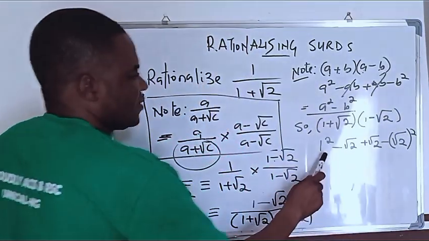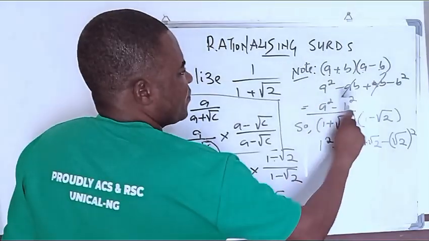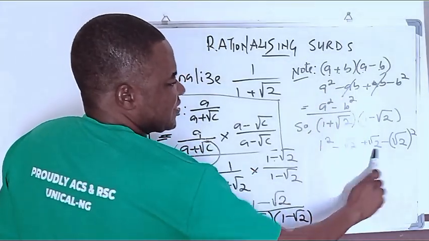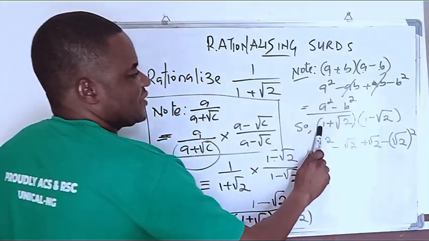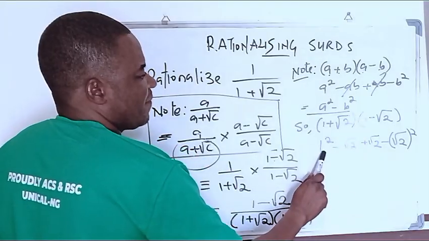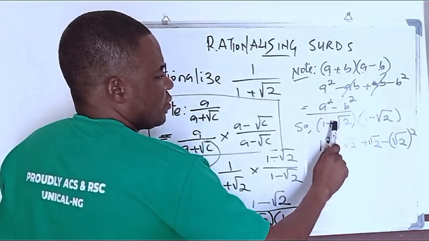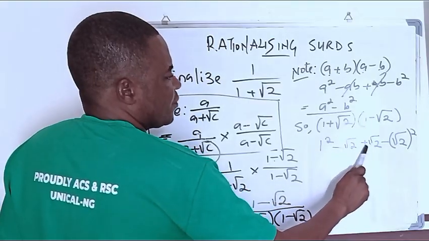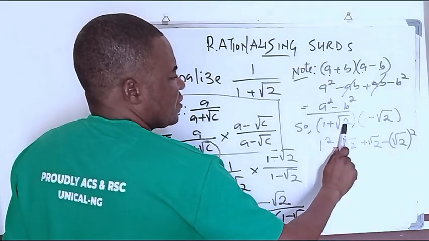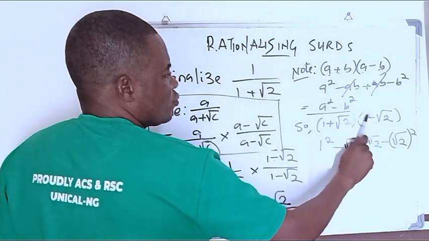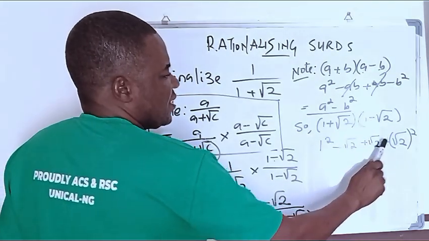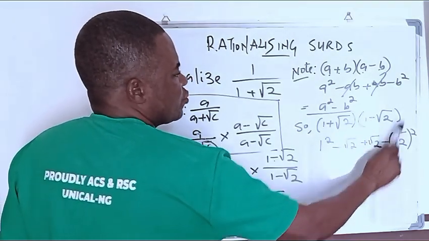Okay, so we now have this particular format displayed here. So we have 1 times 1, 1 squared, 1 times minus root 2, minus root 2, plus root 2 times 1, plus root 2, plus root 2 times minus root 2, plus and minus is minus. We have minus what? Root 2 squared.